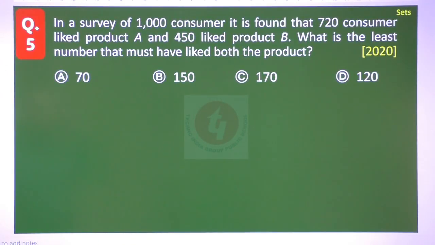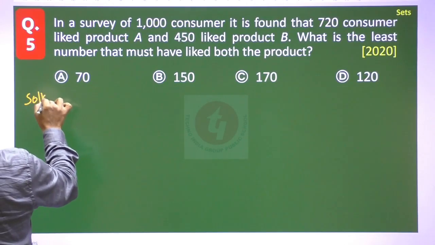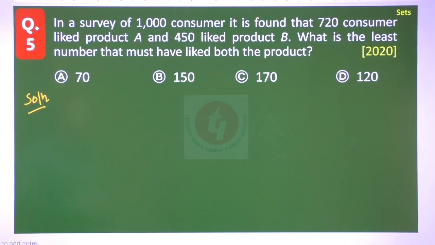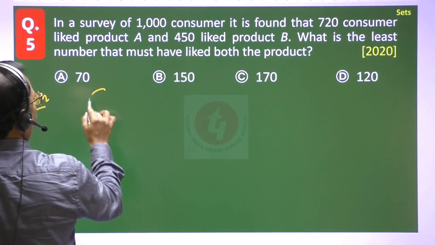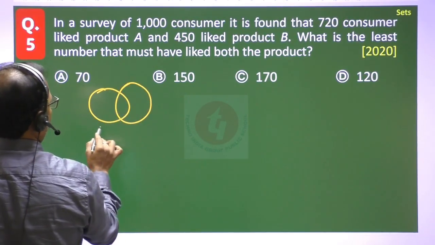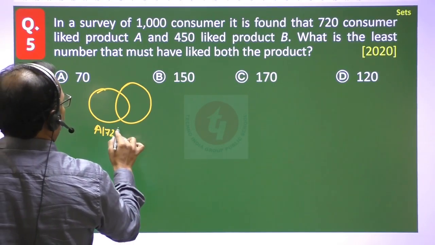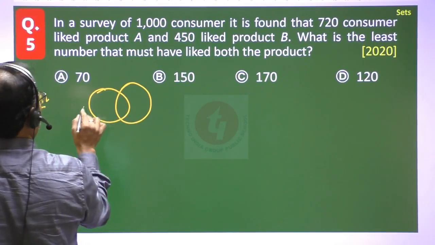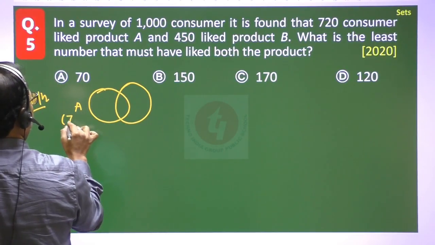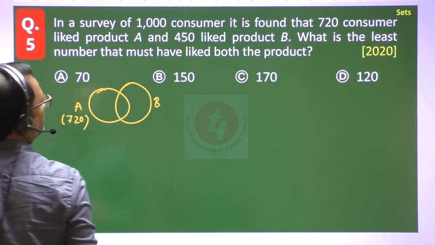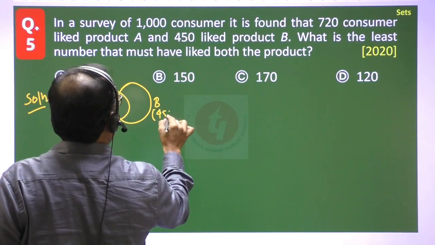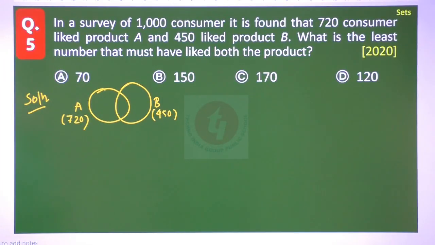In a survey of 1000 consumers, it is found that 720 consumers like the product A, and 450 like the product B. So 720 like the product A, this is set A, and 450 like product B, this is set B. Now they are asking what is the least number that must have liked both the products.